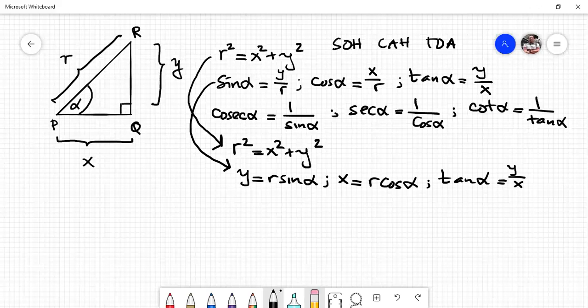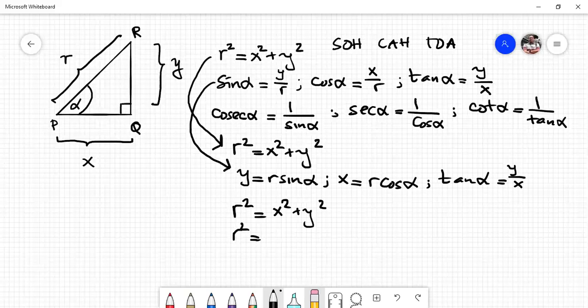Now we come one by one. Okay, so referring to the Pythagoras theorem, I substitute the value of Y and X here.